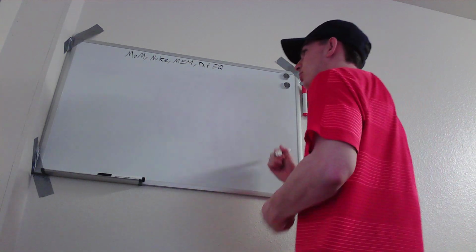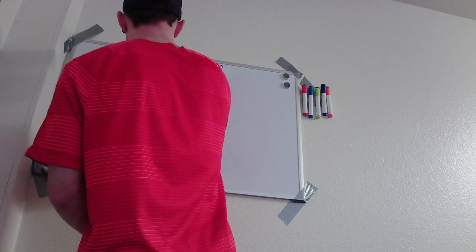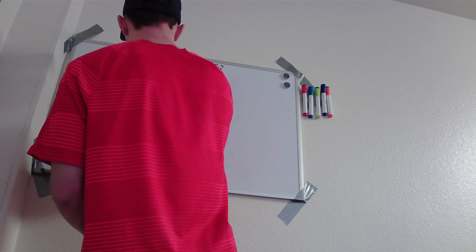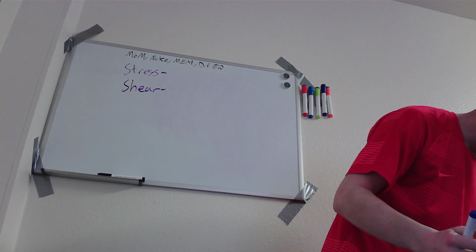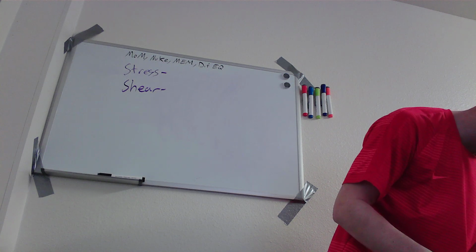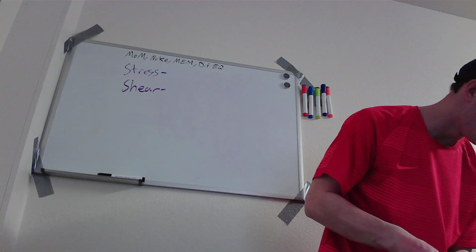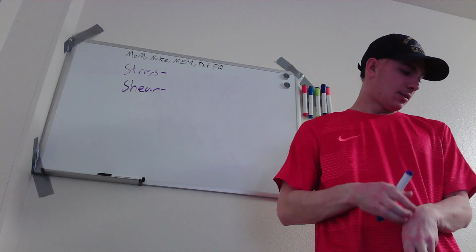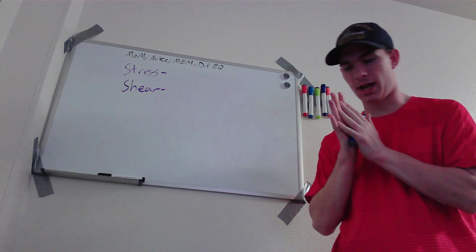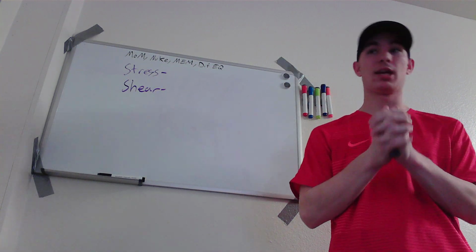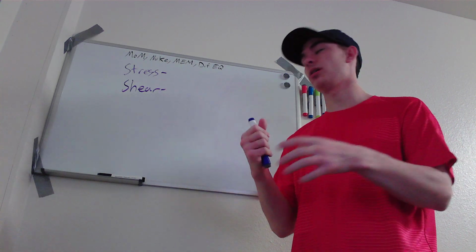And so stress and shear. So stress, shear, and they have defined stress to be... wonderful. It's got limits. So stress is going to be represented by sigma, lowercase sigma of Greek letters.